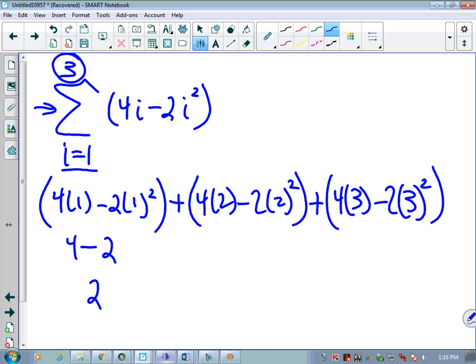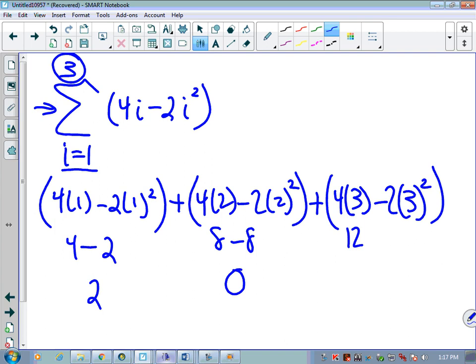So I come over here, I've got 4 times 2, which is 8. I've got 2 squared, which is 4. So I've got a negative 2 times 4, which is negative 8. So I'm getting 0 out of that. Over here I've got 4 times 3 is 12. 3 squared is 9.